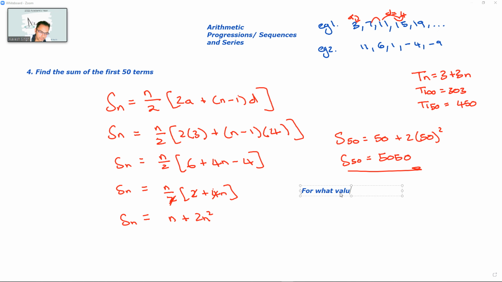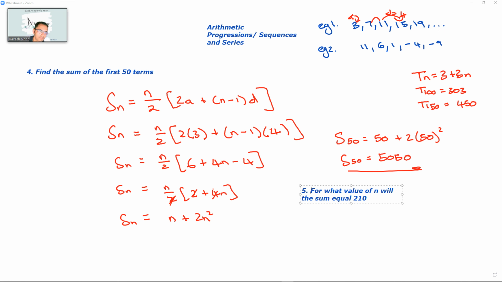For what value of n will the sum equal a certain number? All right, so let's say 210. So in this question, question 5, I'm going to make the sum equal to 210.